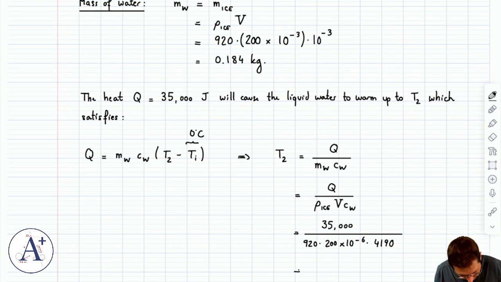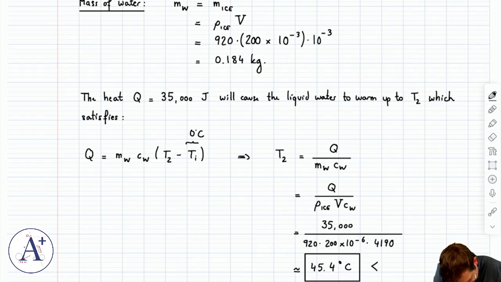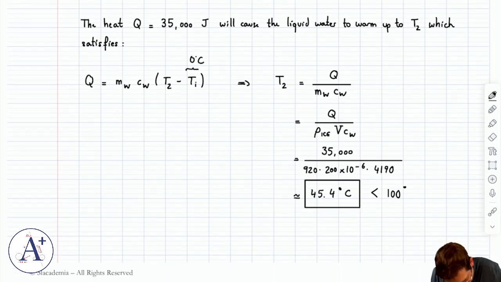And when we compute this, we get approximately 45.4 degrees Celsius. Okay, this is less than 100 degrees Celsius, so yes, we confirm that the final state is liquid water.